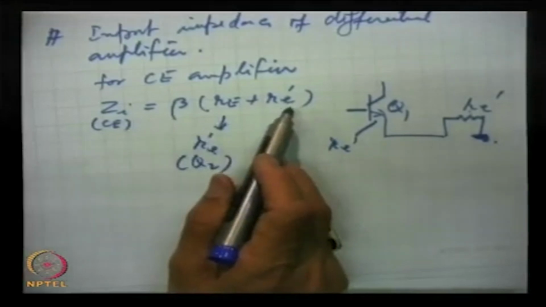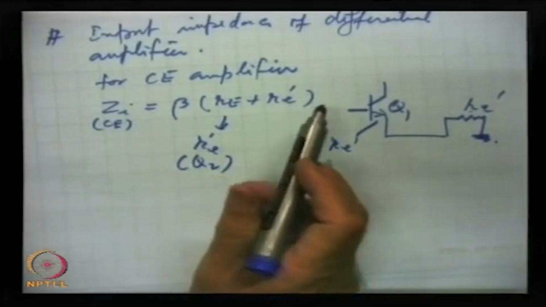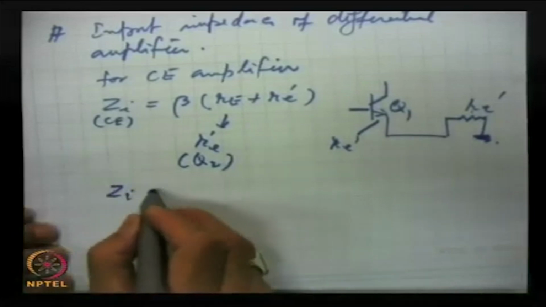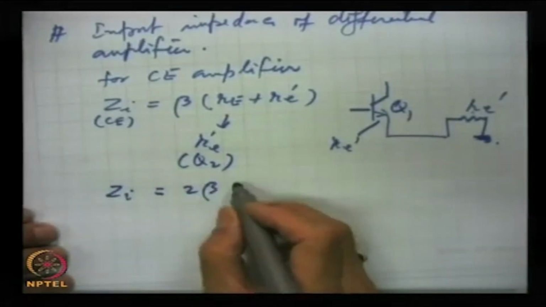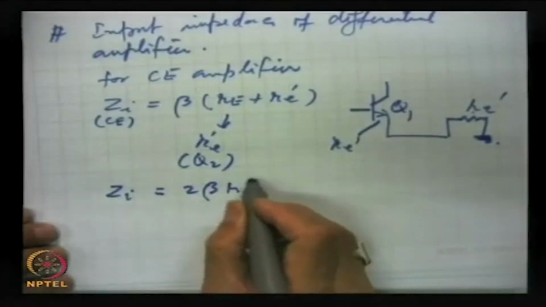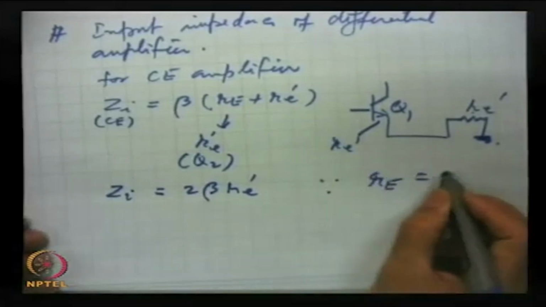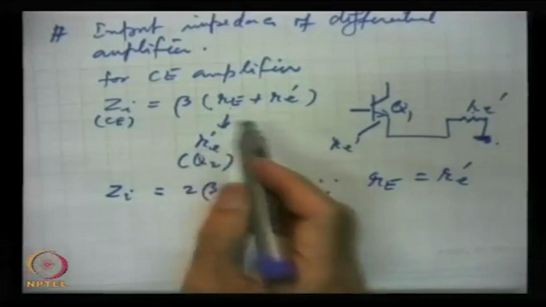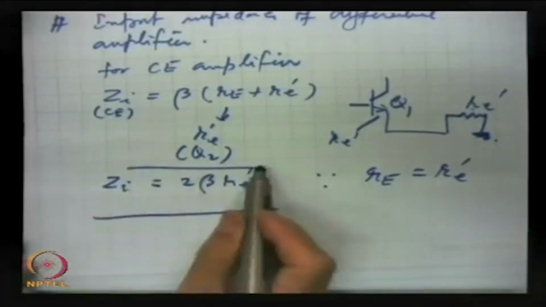You just look back at the analysis of the BJT small signal amplifier. So, Zi is equal to 2 beta RE prime, because RE is RE prime too. So, this becomes 2 beta RE prime. So, this is the input impedance.